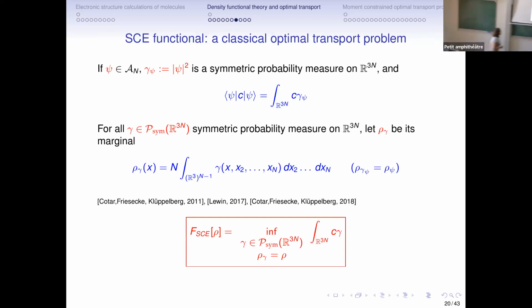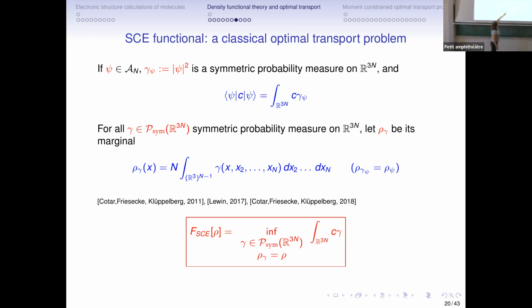And this semi-classical limit reads as a classical optimal transport problem. Believe me, this has been proved in particular by people like Gero Friesecke, Mathieu Lewin, and their collaborators. If you look at this semi-classical limit, you obtain an approximation of the original Weinberg functional, which reads as a minimization problem of this quantity.